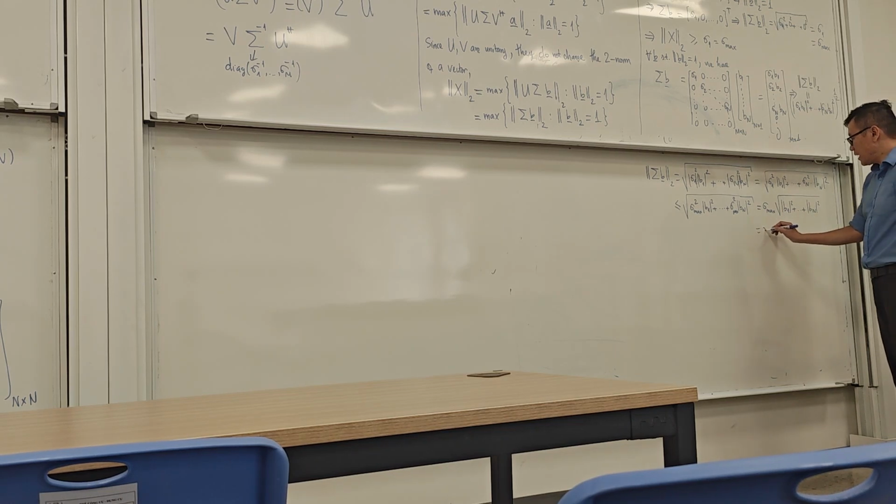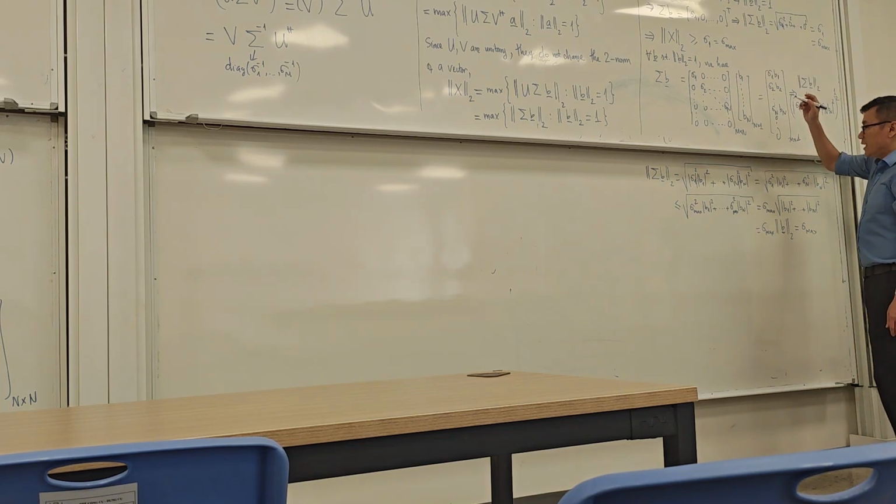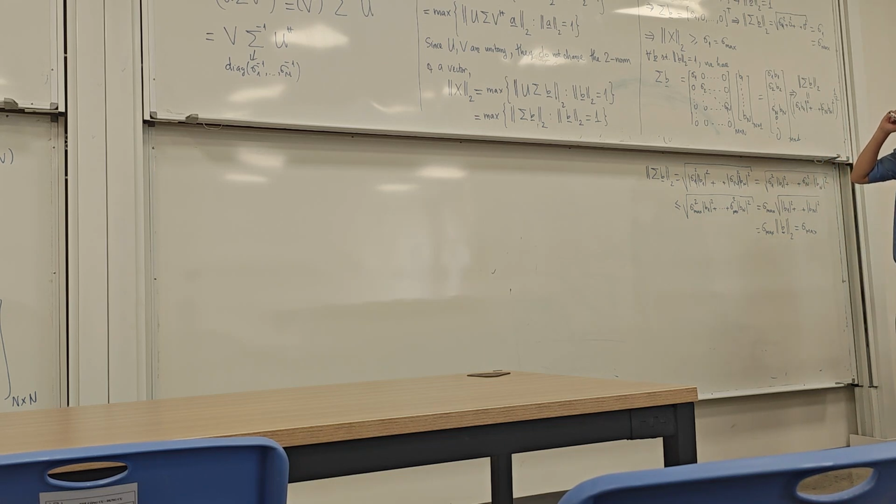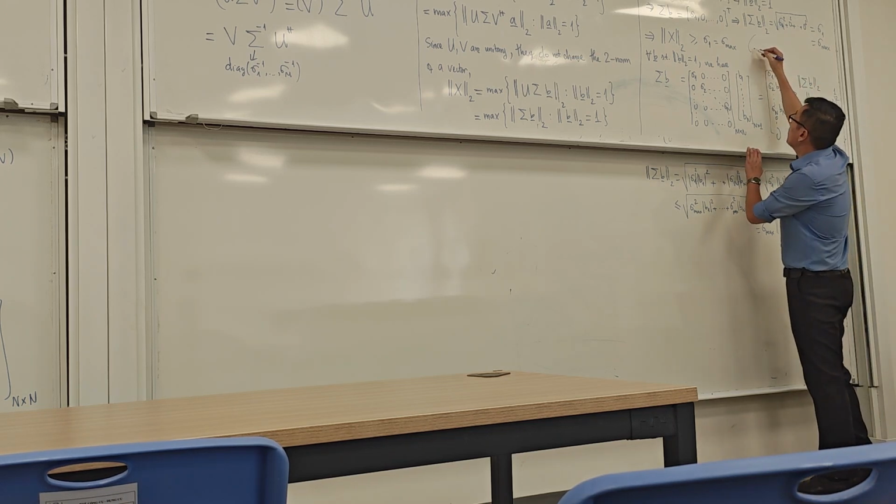And this turns out to be the norm of b, which is 1, and this equals sigma max. Okay, we have proved this one. This is number 1.